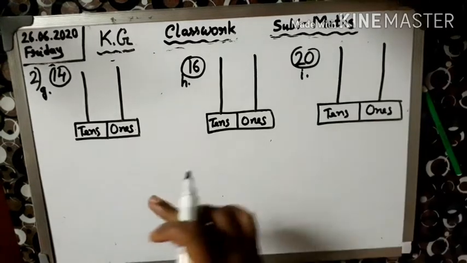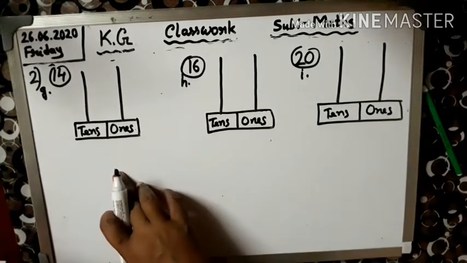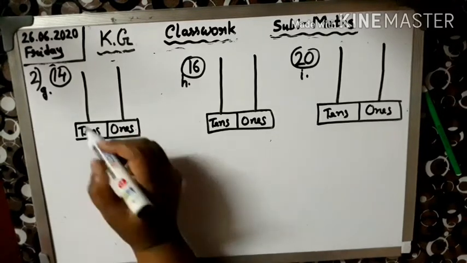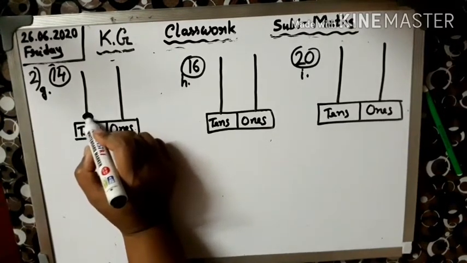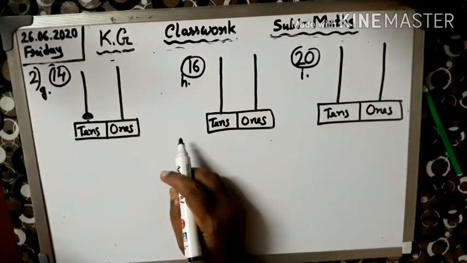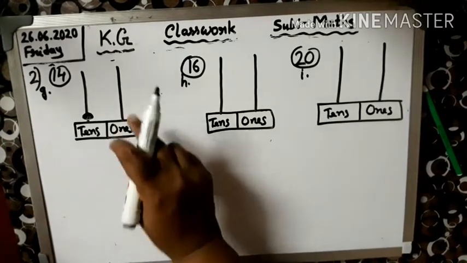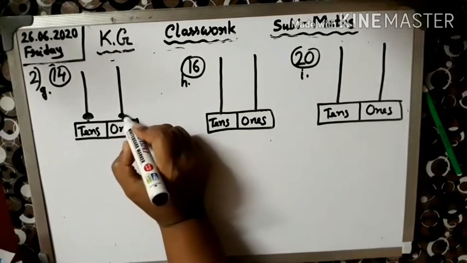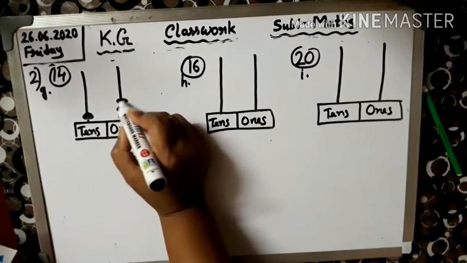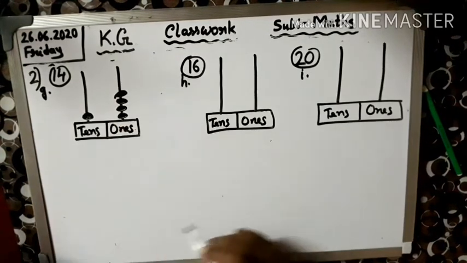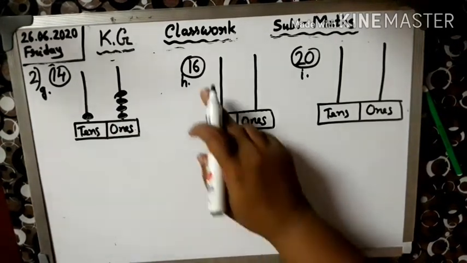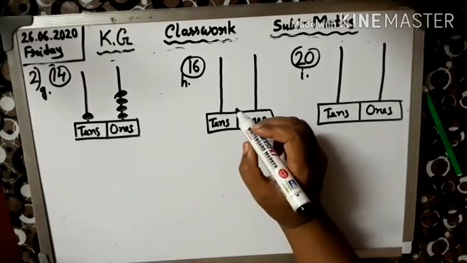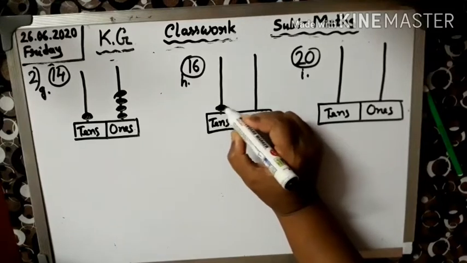Next, draw 1 bead on the tens spike. Draw 4 beads on the ones spike. Draw 1 bead on the tens spike.